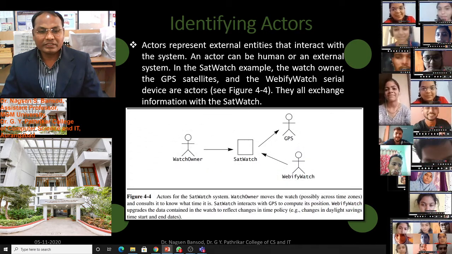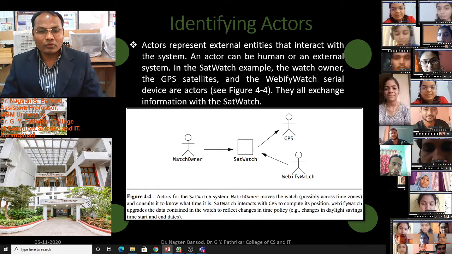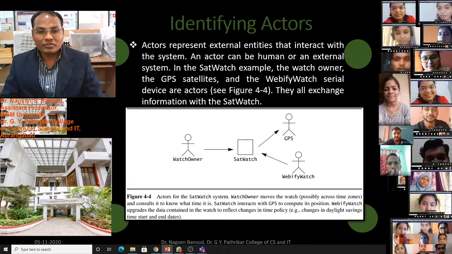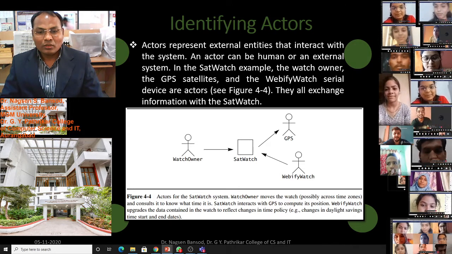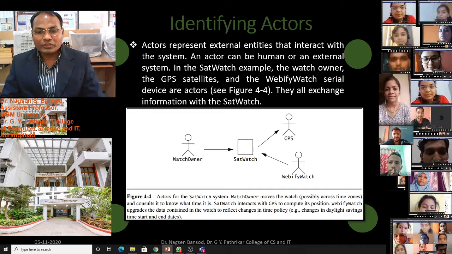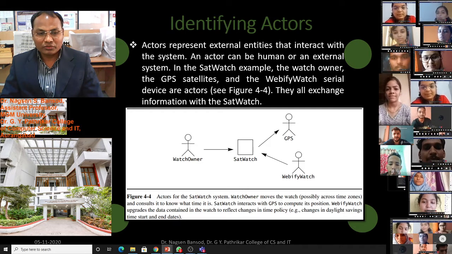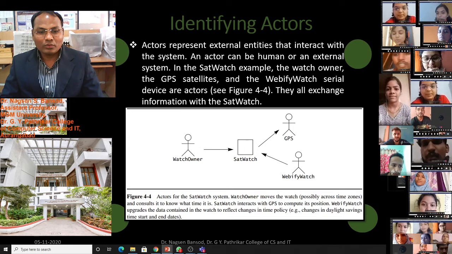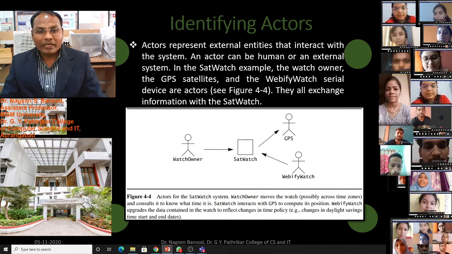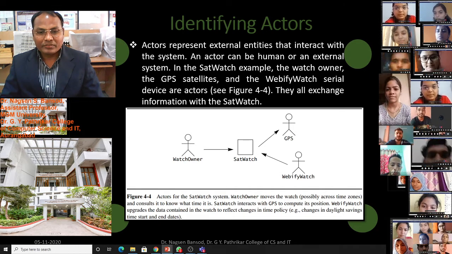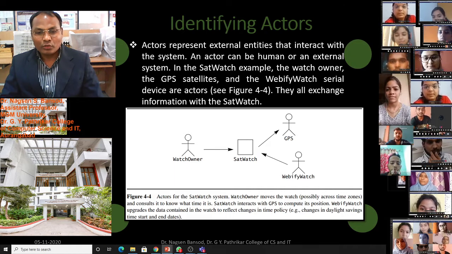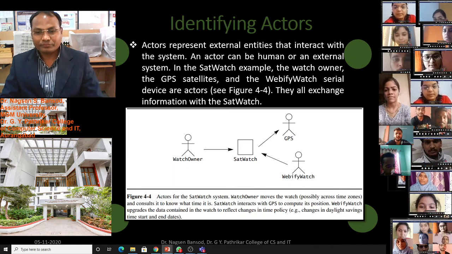You see in this figure 4.4, actors for the SatWatch system. The watch owner moves the watch, possibly across time zones, and consults it to know what time it is. SatWatch interacts with GPS to compute its position.